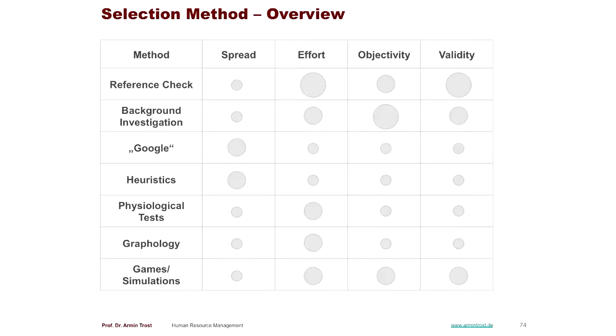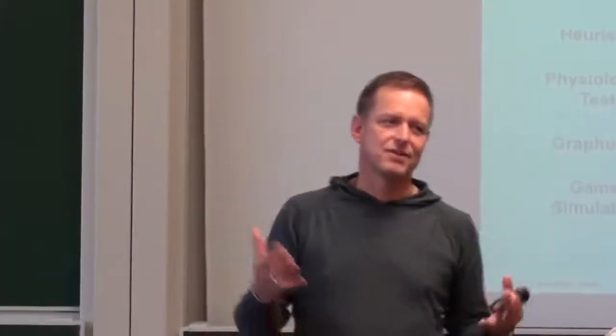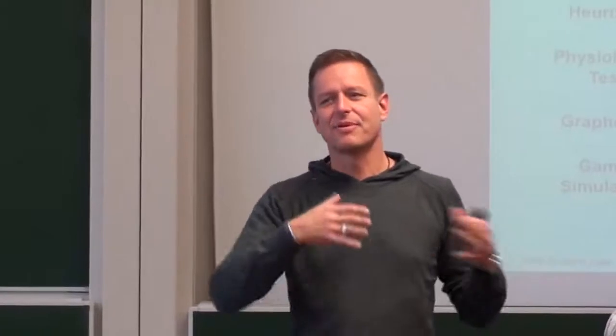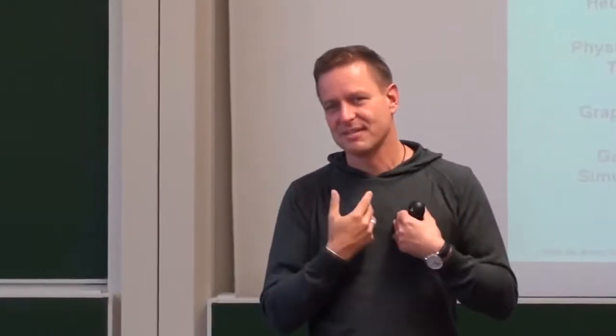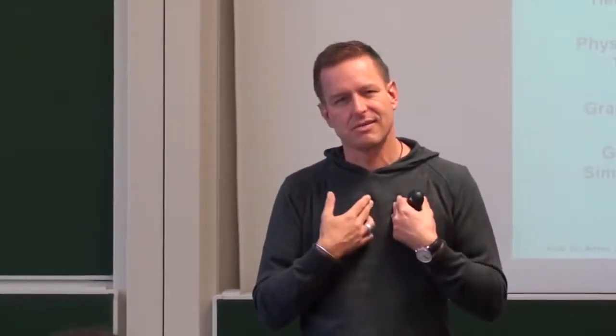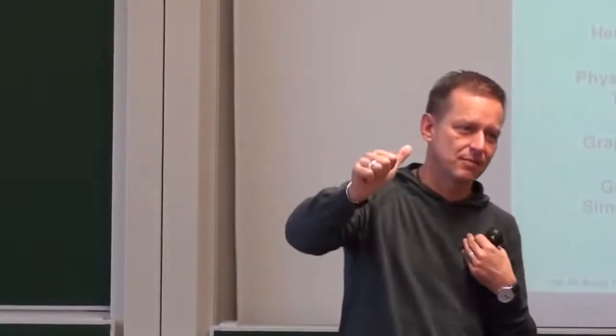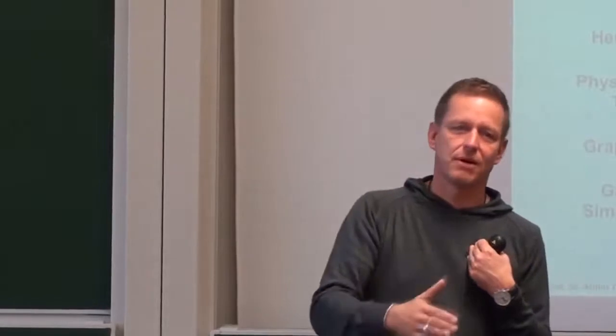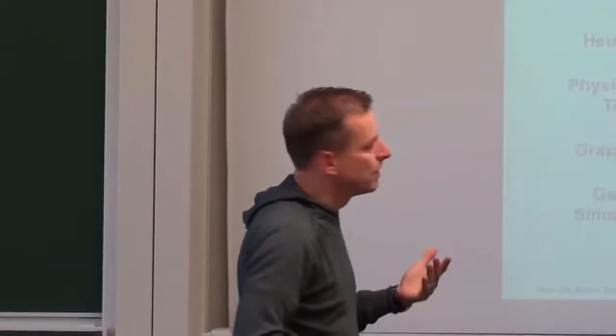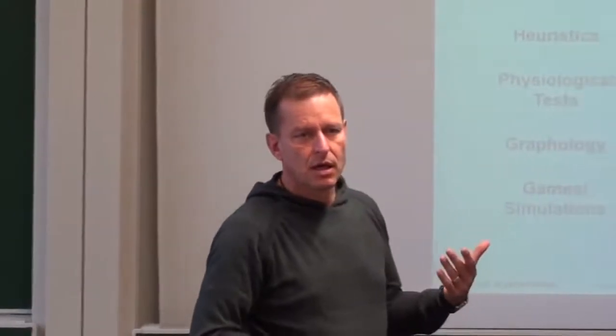You might ask, where do these circles come from? This is a mix of scientific insights and personal estimations. I cannot really prove the size of any circle. It's just a rough estimation. Don't learn this by heart, but use it to compare. Effort was the financial part of it.